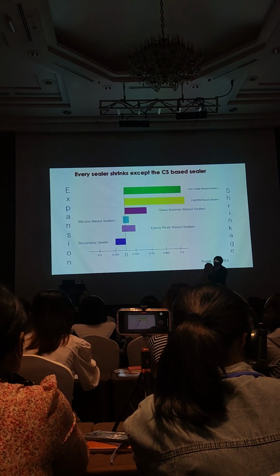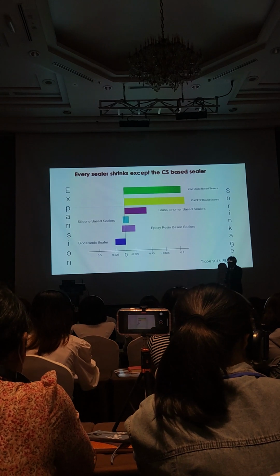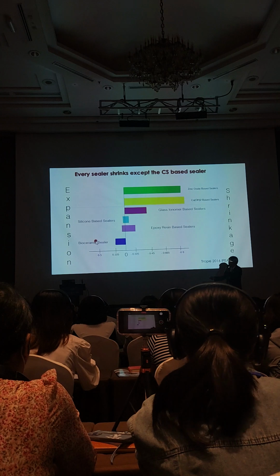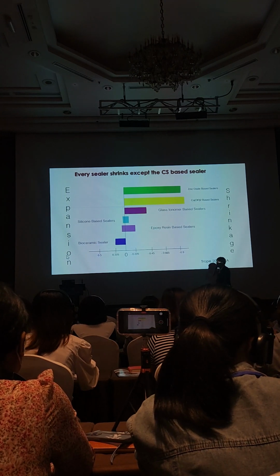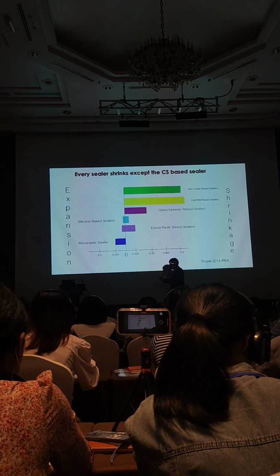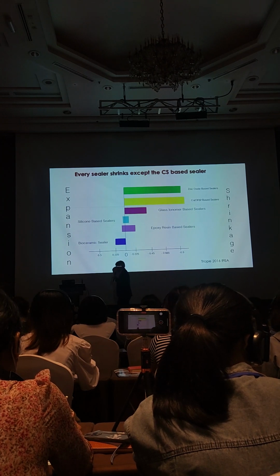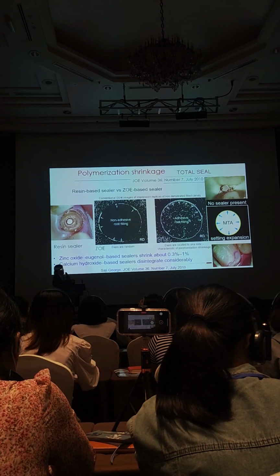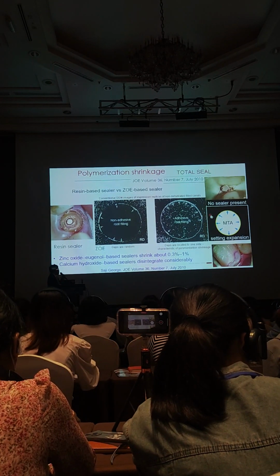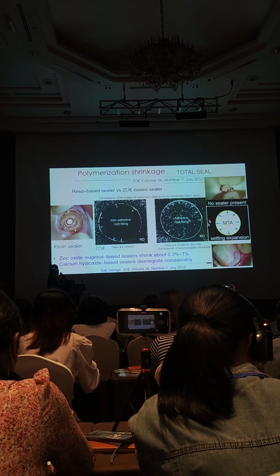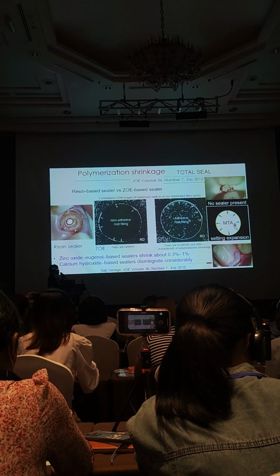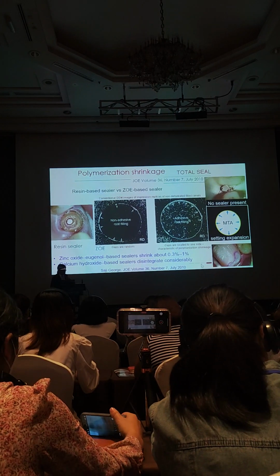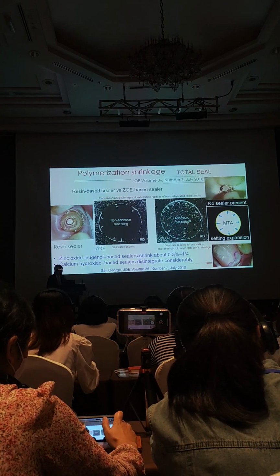So if you do not want to use MTA as a root filling material, I recommend you use bioceramic sealer with a gutta-percha cone because they will bond to dentin. And in addition to that, MTA will expand, so there's no gap between the material and the root canal walls. So you need to think about which material you use.